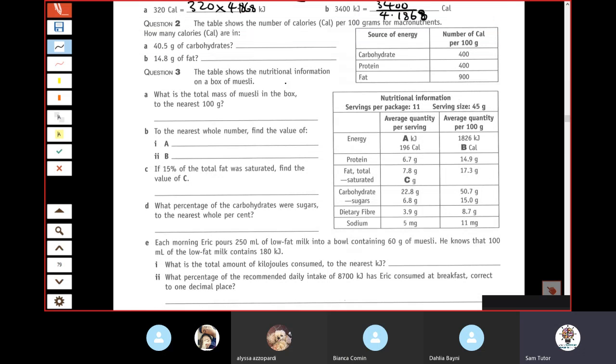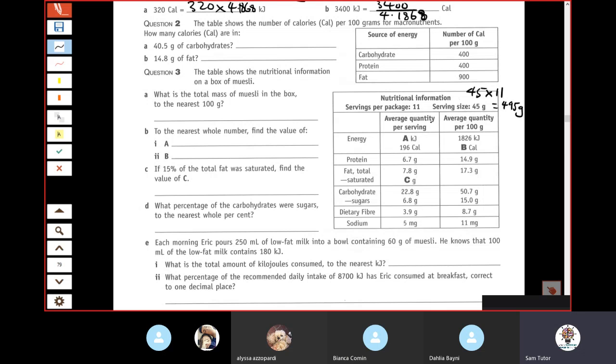Let's try to read this. The table shows the nutritional information on a box of muesli. Let's first read the box and understand this. We've all seen this before, but let's just make sure. Nutritional information, servings per pack. There's 11 servings per pack. Serving size, each one is 45. So that means in total, the whole packet that you're buying is 45 times 11 in size, which would be what, 495 grams, right?